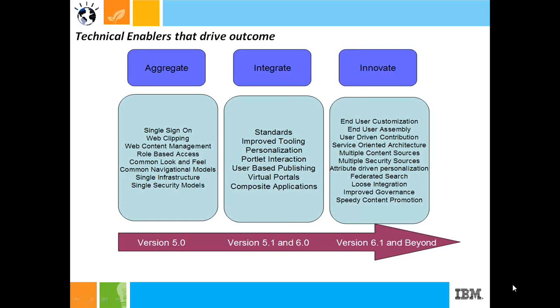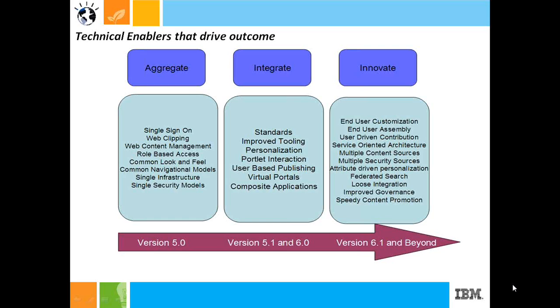Then 5.1 and 6 were portals which provided a good amount of features, and the infrastructure was stable and robust, but some features were missing, and some integration points were not available. Improved tooling was there, RAD-based development was there, and the JSR 168 standards were implemented.